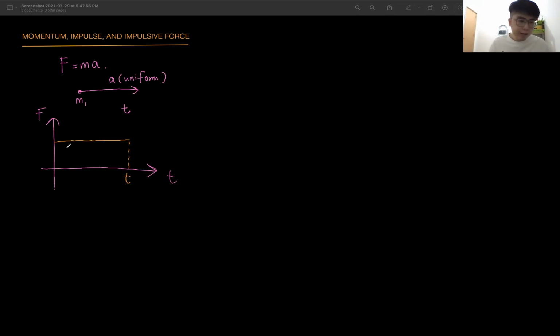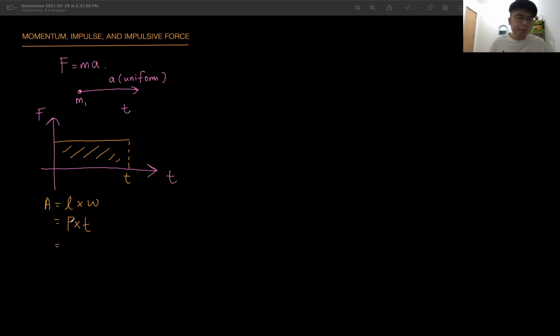This is the F-t graph. And if I calculate the area under the graph, what is the length? The length is t, and the width is the y-axis, F. So the area equals length times width, that's F times t. What is this Ft? Ft is change in momentum.